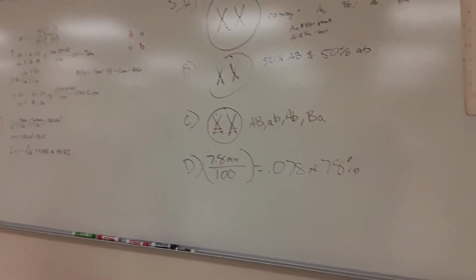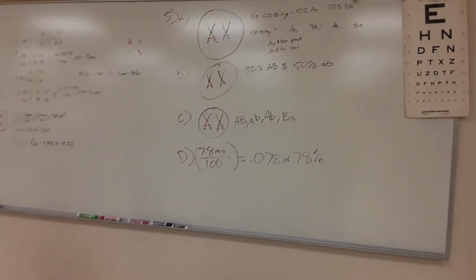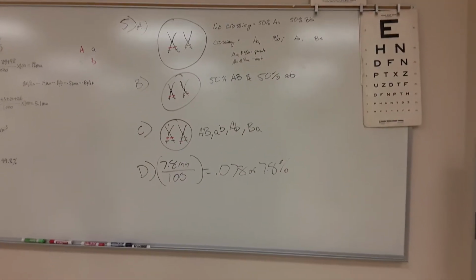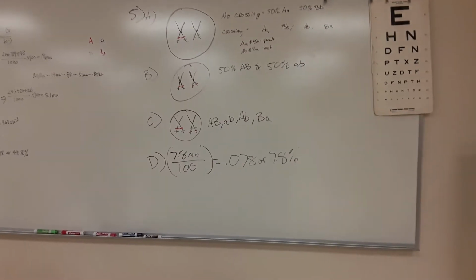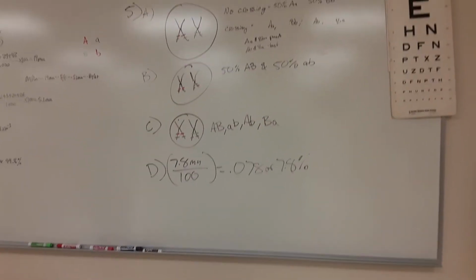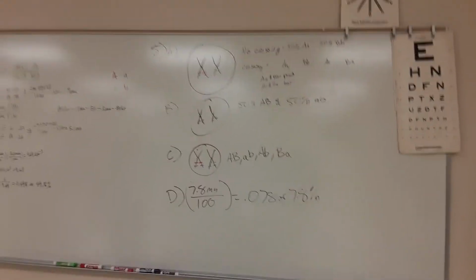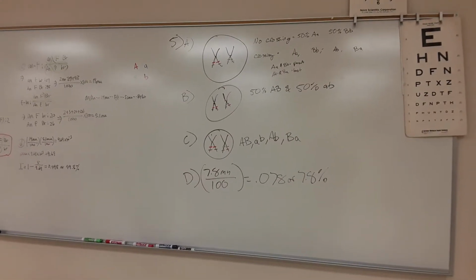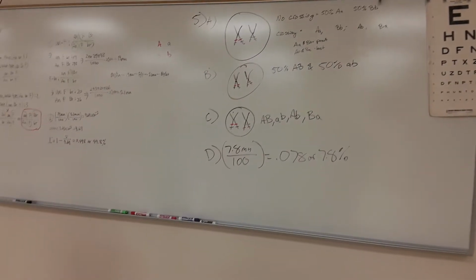So if you look at B, crossing over does not occur. So you're going to get 50% homozygous dominant for A and B, and 50% homozygous recessive.